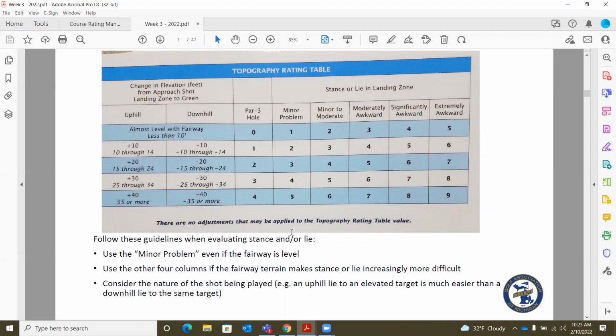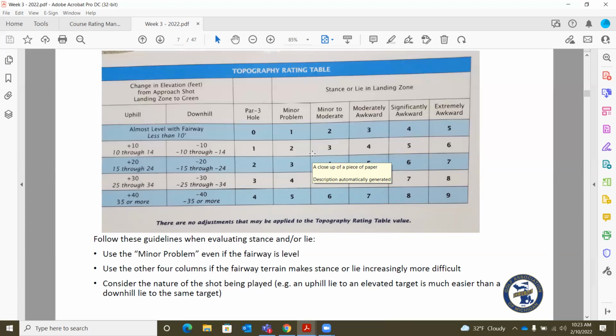And then the other thing to keep in mind when we're evaluating these landing zones, we have a landing zone that's 20 yards wide when we're in the fairway. We have to keep in mind that we're looking at an average of that landing zone. There might be places that are significantly awkward, but within that 20-yard window, there might be places that are minor problem.